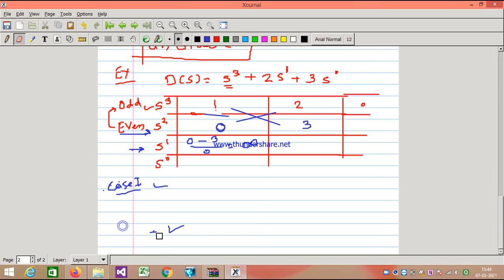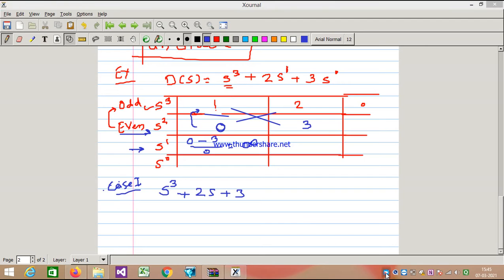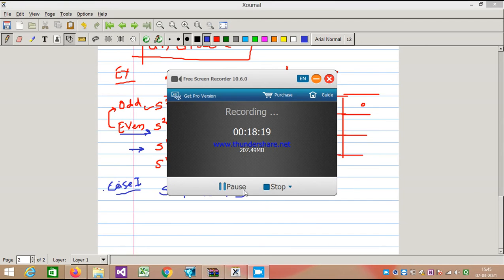So what is case 1? Case 1 means once we get 0, just take the row above the 0. What is the above row? That is s cube plus 2s plus 3.